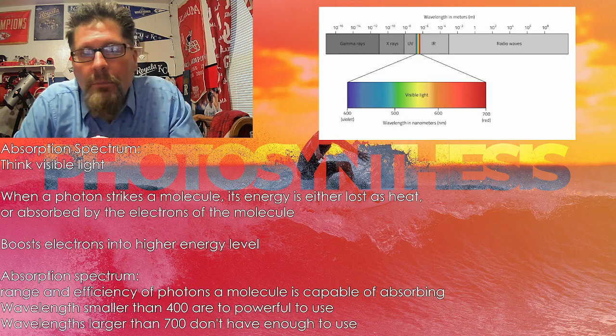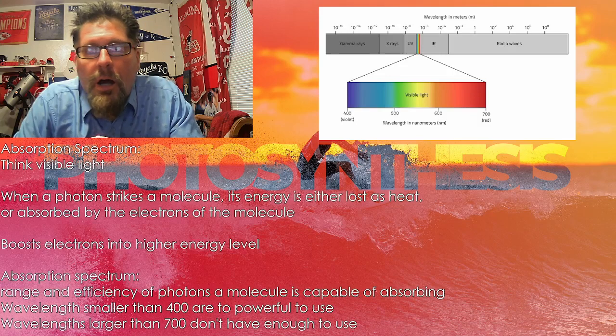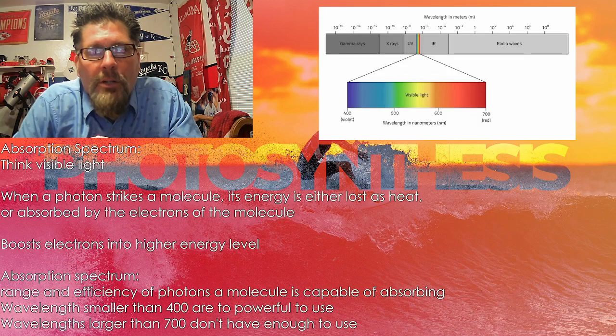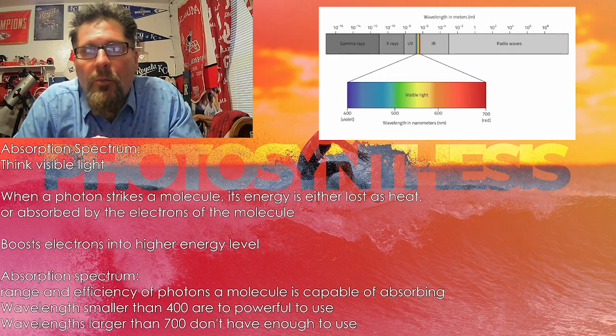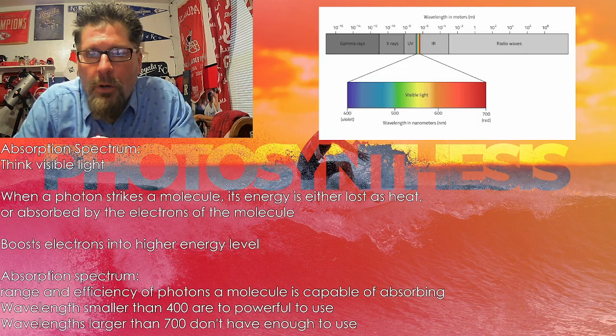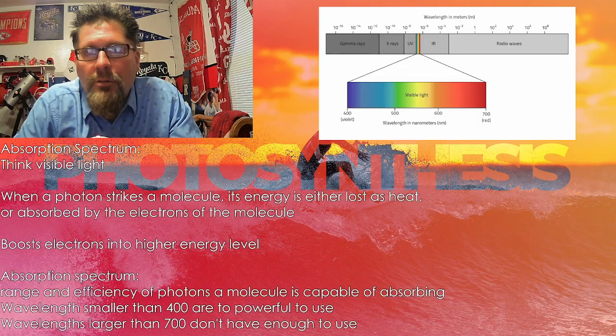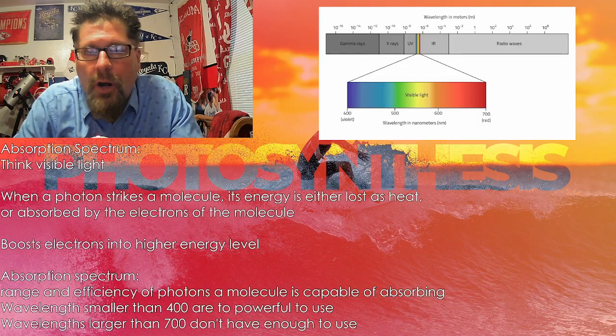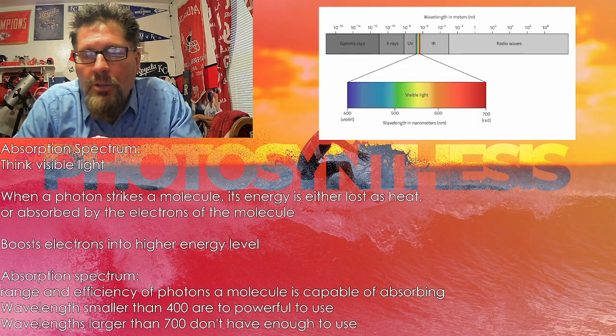Again, same image, but some more things that we want to think about, because we're going to start looking at the chlorophylls and what they absorb, the range that they can absorb the light energy. It's called the absorption spectrum. Spectrum is always referring to a gradient or a range of numbers.